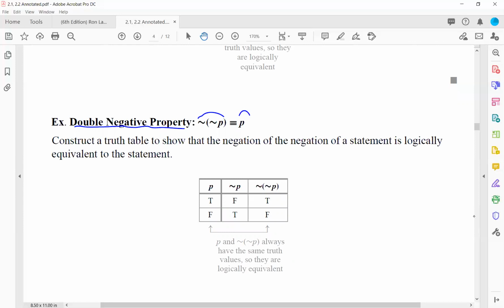P has only 2 possibilities, being true, being false. If P is true, not P is false. If P is false, not P is true. Not not P is true, not not P is false. As you can see, the first and the last columns are the same, true, true, false, false. So you just proved this property.